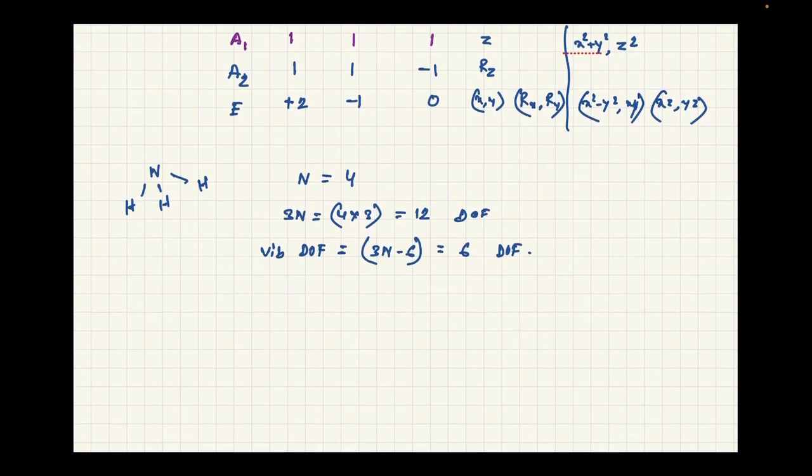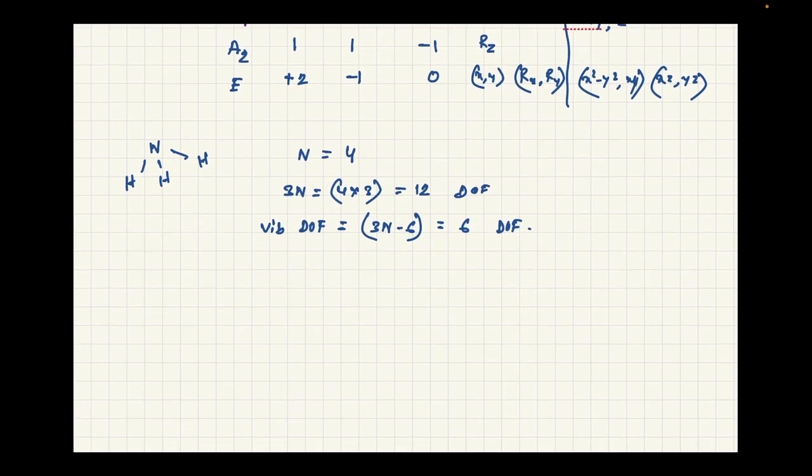Okay, so here gamma 3N, that means the reducible representation, will consist of 3A1 plus A2 plus 4E.